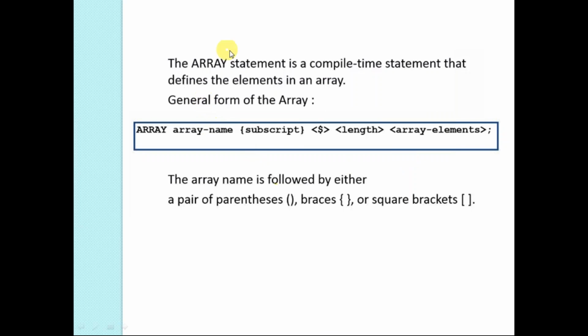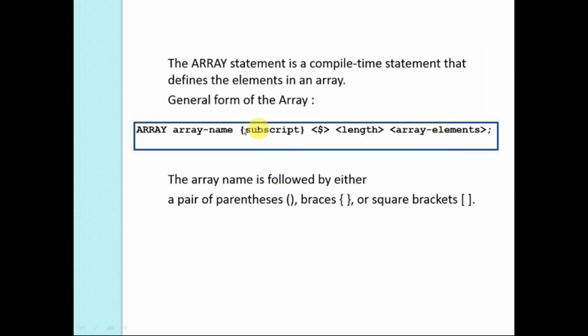And the array statement is a compile time statement. What do you mean by compile time? During compilation, SAS scans your data and checks for any syntactical errors in your program.